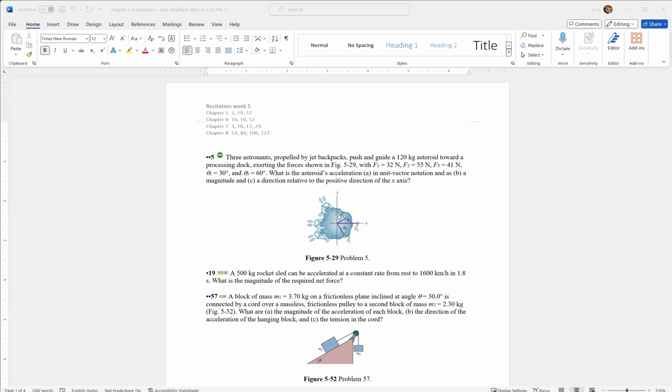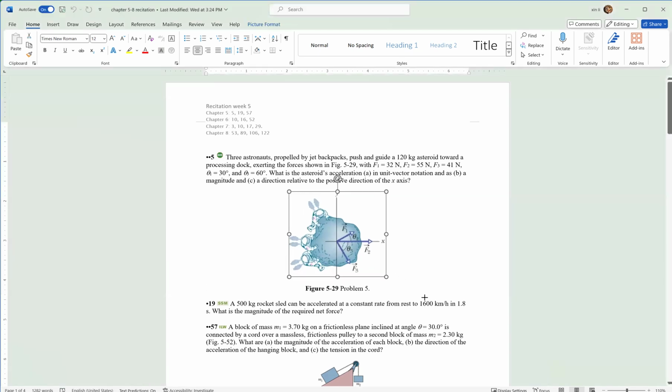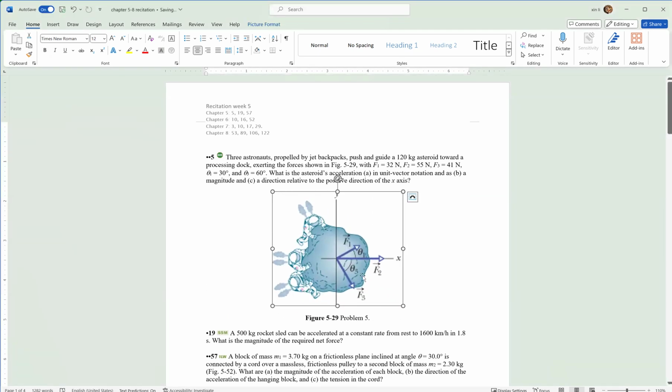If it's not very clear to you, we have F1, F2, F3. F1 and F2 have an angle to the x-axis, which is 30 and 60. What is the asteroid's acceleration? A, in unit vector notation, B, magnitude, and C, the direction relative to the positive x-axis.